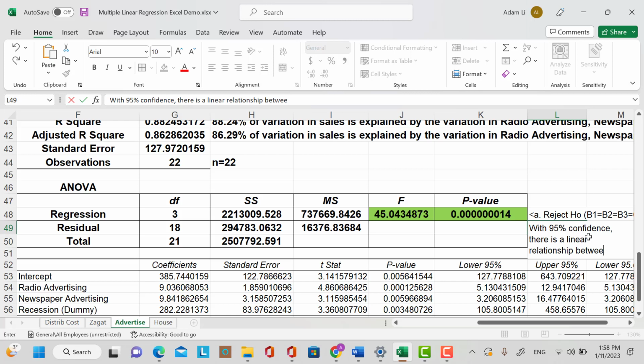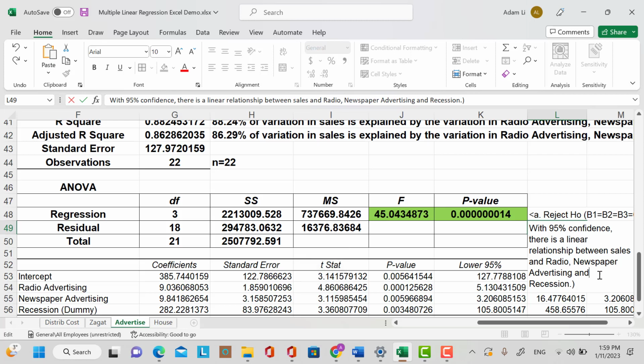This is between sales and the three independent variables: radio advertising, newspaper advertising, and also recession, whether or not there's a recession.